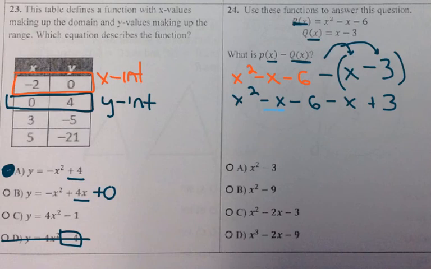I have like terms here and here and here and here. So it's x squared. Wait, go ahead. Why is that x still negative? Because it's a negative times a positive, which is a negative. And it's a negative times a negative, which is a positive. Yeah, it ends up being C.